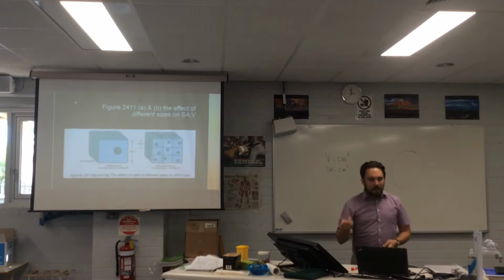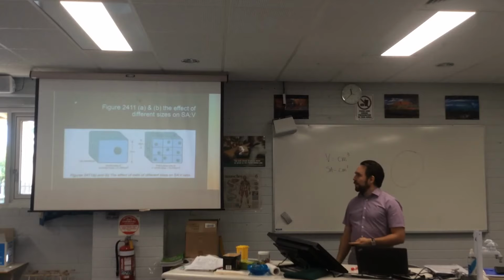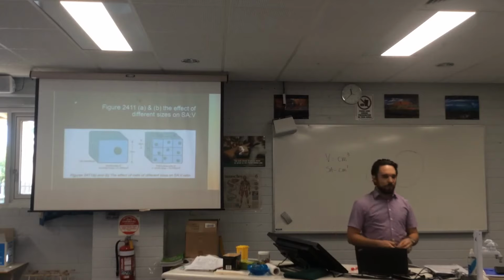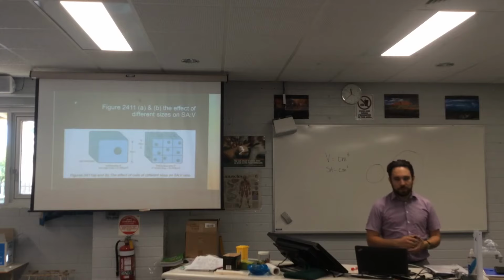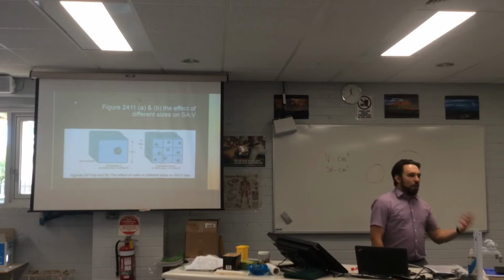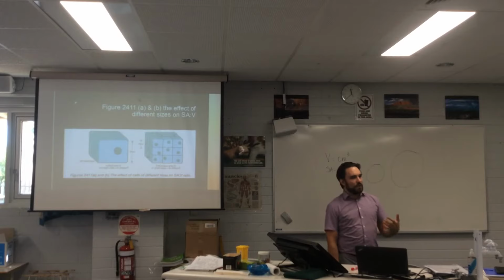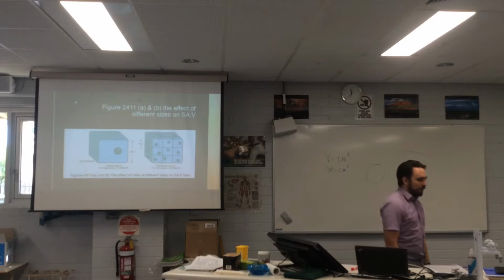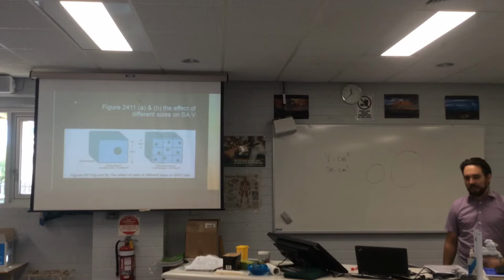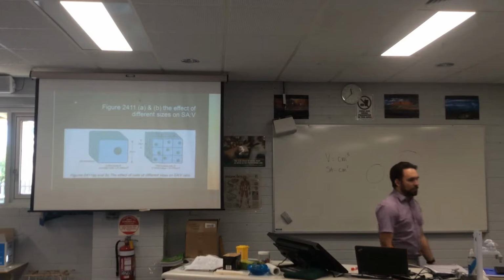What that ends up meaning, this is just a representation of that. This is again from your textbook, but you could find this exists almost everywhere. What this ends up meaning is that there is a limit on the size of a cell. It's a theoretical limit, it's not a precise limit, because obviously we're going to encounter manipulations, we're going to encounter adaptations that allow for an increase to that.